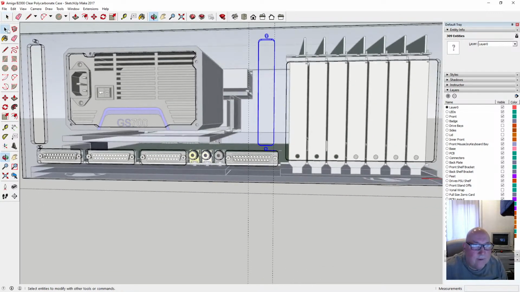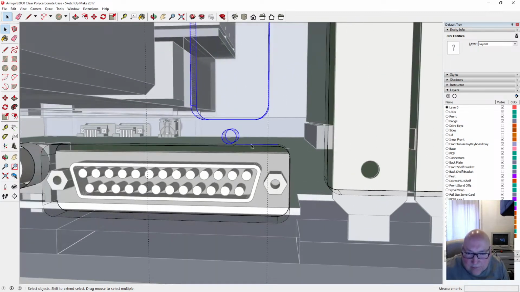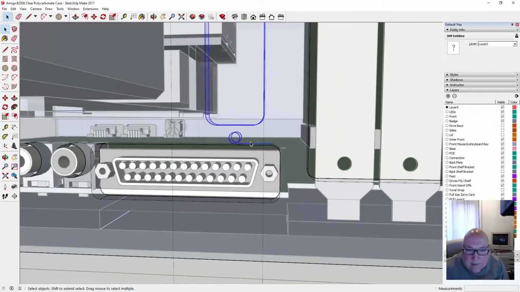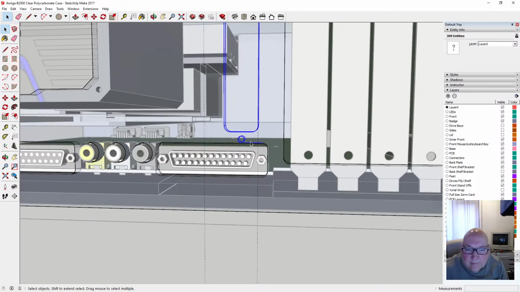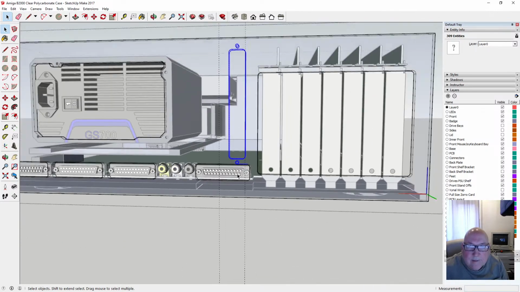Oh, I've selected more than I need. Let's do it again. Still got too much. Right, hang on, let's do it a different way. Right, let's first copy this.